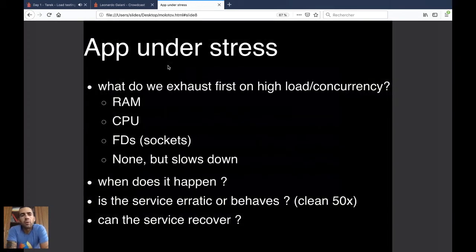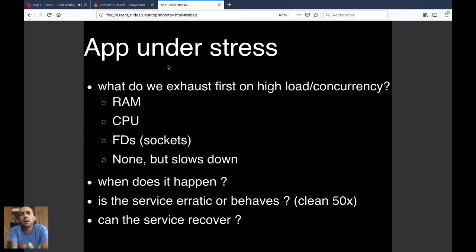So when you put an application, a web service or a web app under stress, you want to see what's going to be exhausted first. So like I said before, it can be the RAM, the memory. For example, if you have a web service that is keeping a lot of stuff in memory and is not careful about how it grows, maybe in a couple of minutes, you're going to exhaust all the RAM on the machine and it's going to be down.